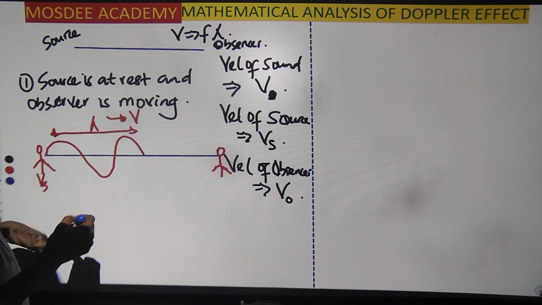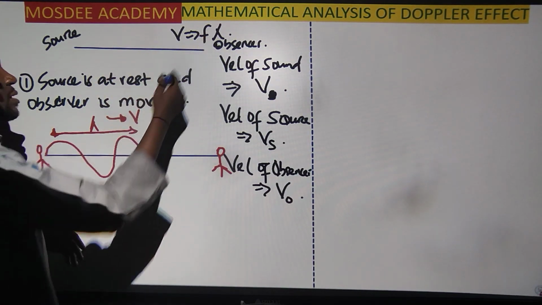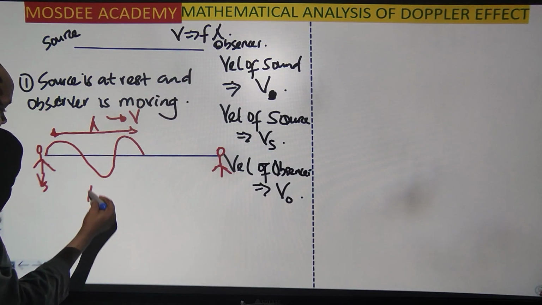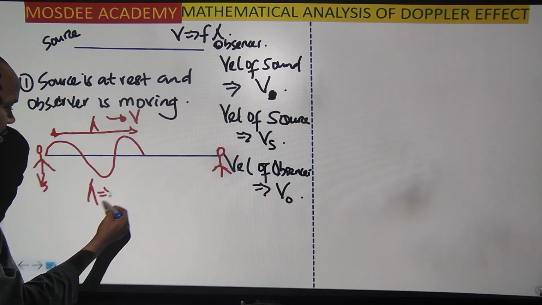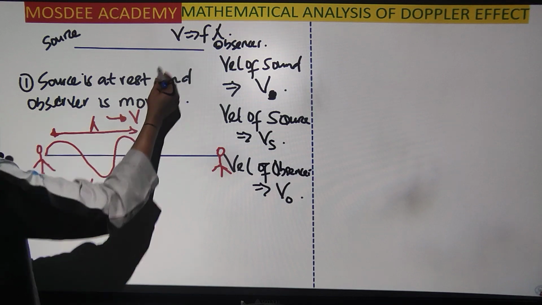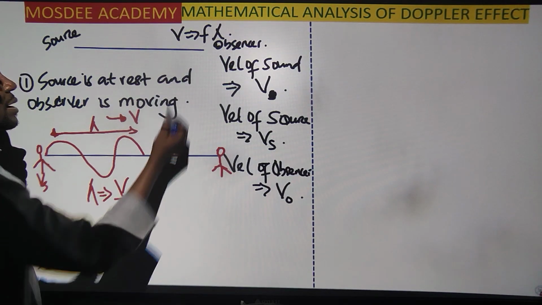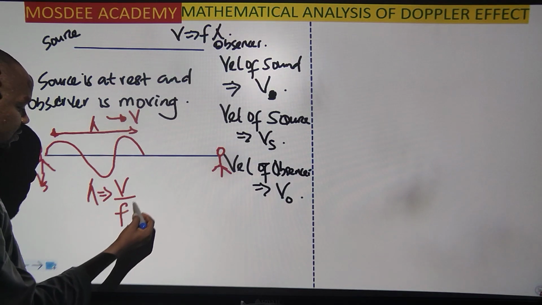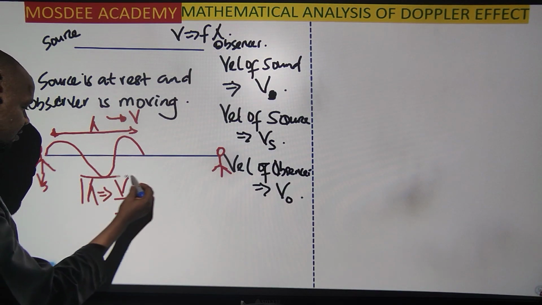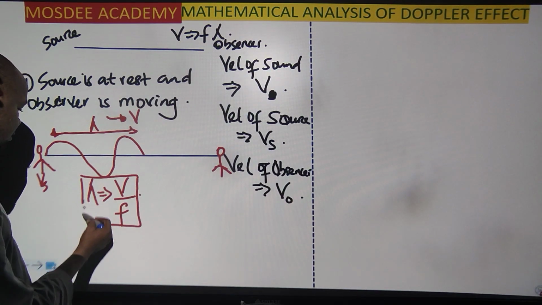As it's coming towards him, we can use this relationship to get the initial wavelength. We can say the initial wavelength will be the initial speed, which is v, divided by the initial frequency, which I will take as f. That is for this stationary source.